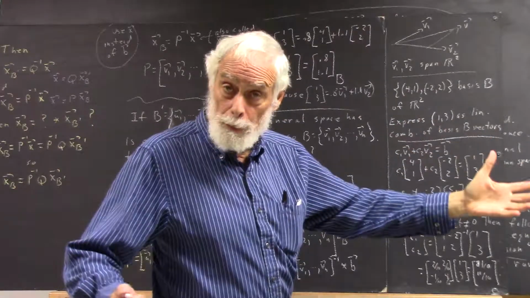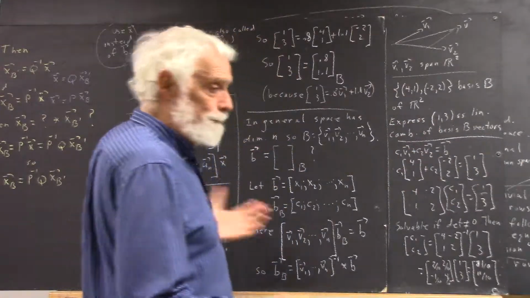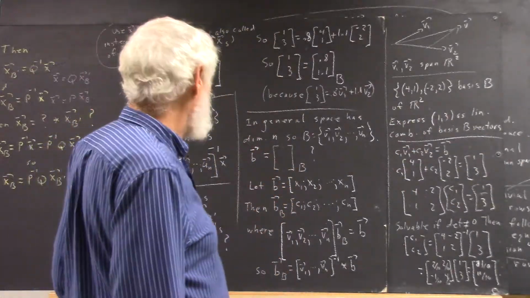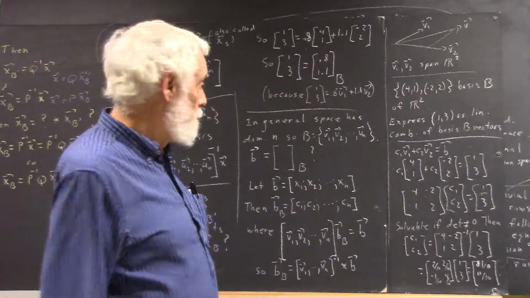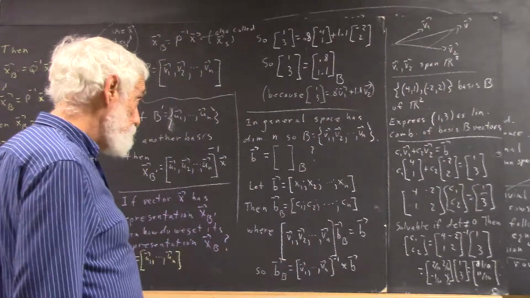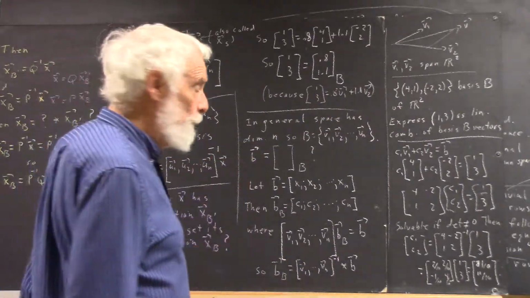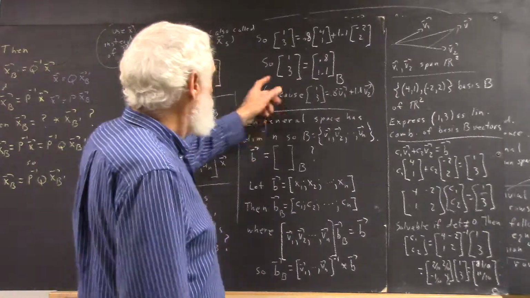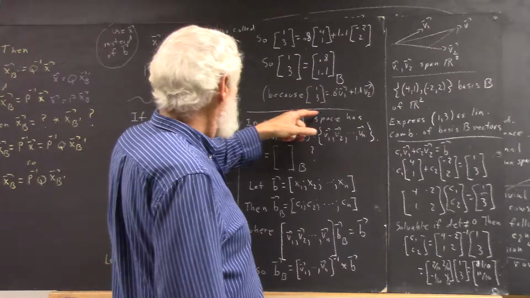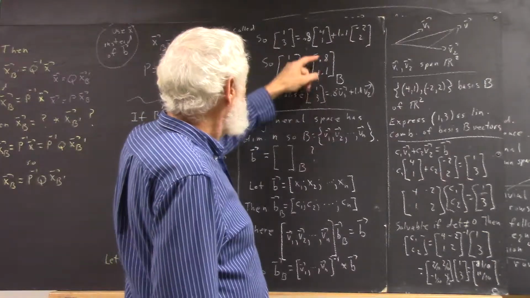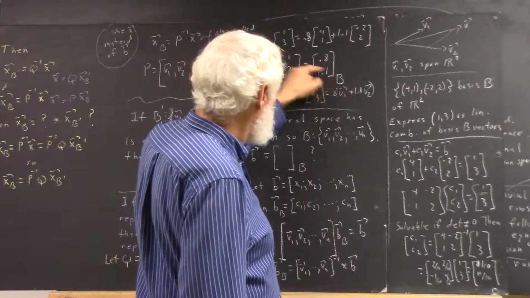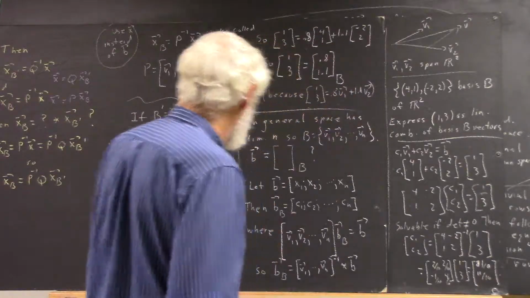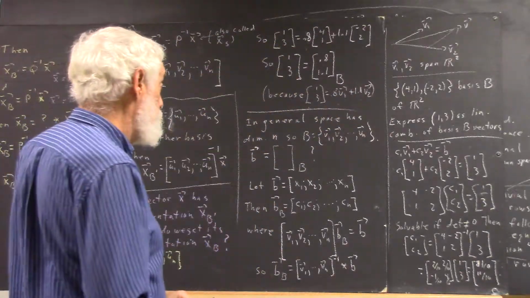Now you might wonder why we go to all this trouble, but you'll find out. This is extraordinarily important and extraordinarily powerful. We say this because this vector is 0.8 times V1 plus 1.1 times V2.